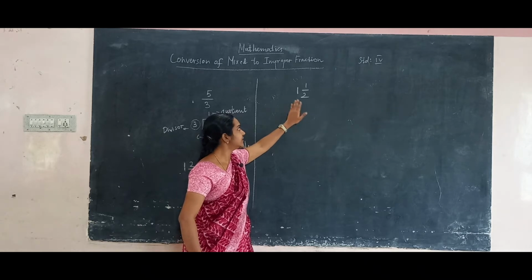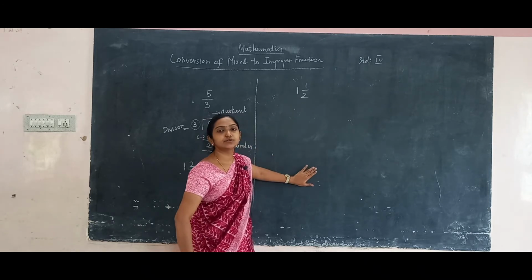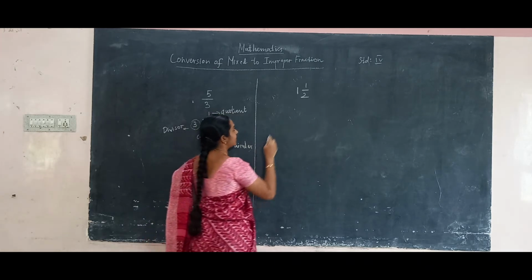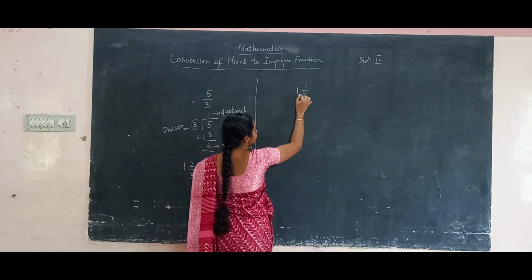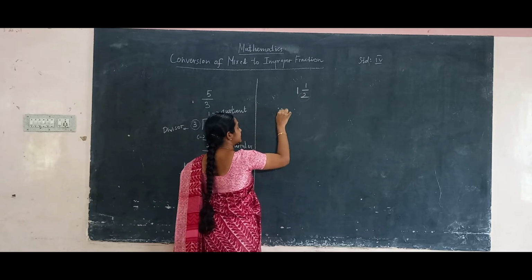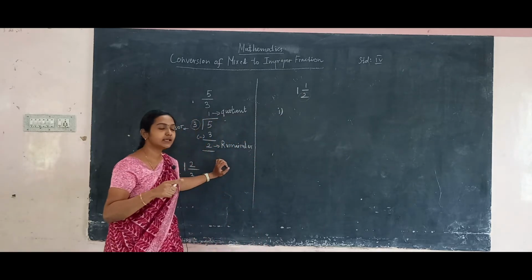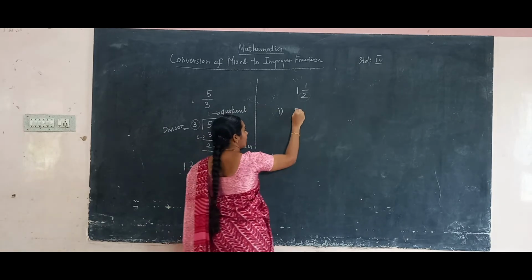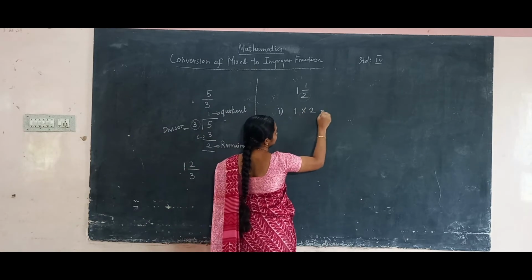Now we are going to convert the mixed fraction into improper fraction. The first step is we have to multiply the denominator and the whole number. 1 into 2 is 2.